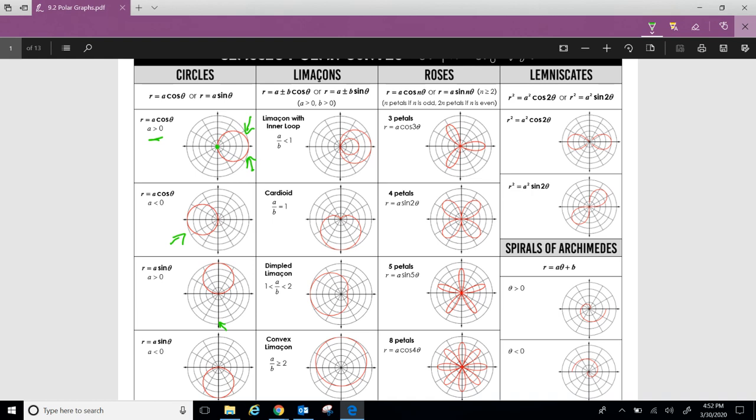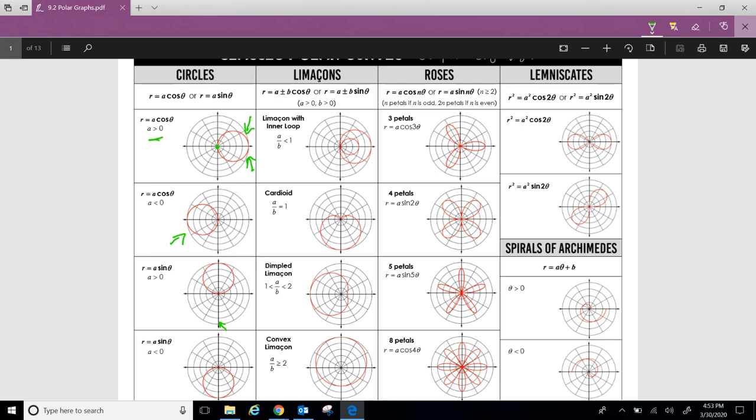And so this first one here would be like a cosine one. The second one, since we're symmetrical about the theta equals pi over 2 axis, this one would be the cardioid. Here is an example of a sine. The dimpled limaçon would be an example of a cosine because it's symmetrical about the polar axis. And this convex limaçon would be an example of a theta equals pi over 2, so a sine.